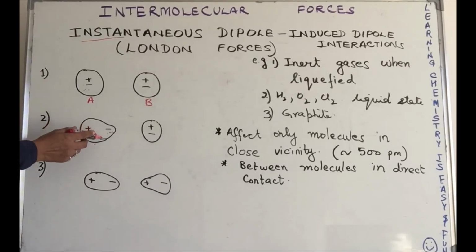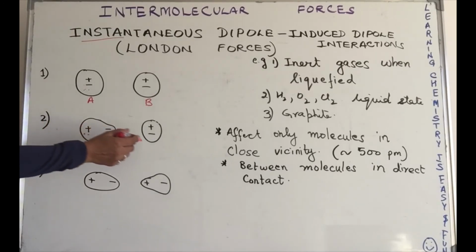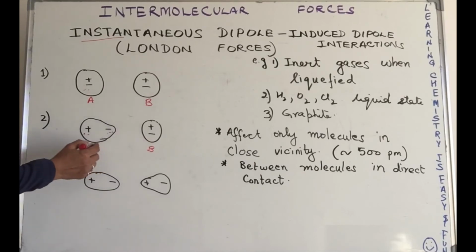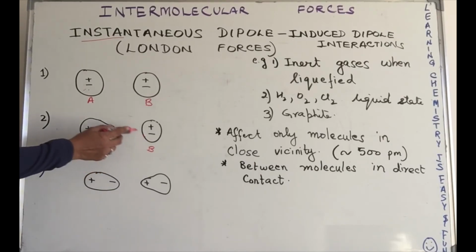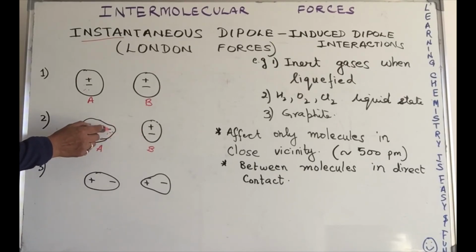Now, because it has developed this dipole, the second atom says, oh, seems to be something fishy. There seems to be somebody calling me from the other end. So the electron cloud of this one attracts the nucleus of the second atom or molecule.